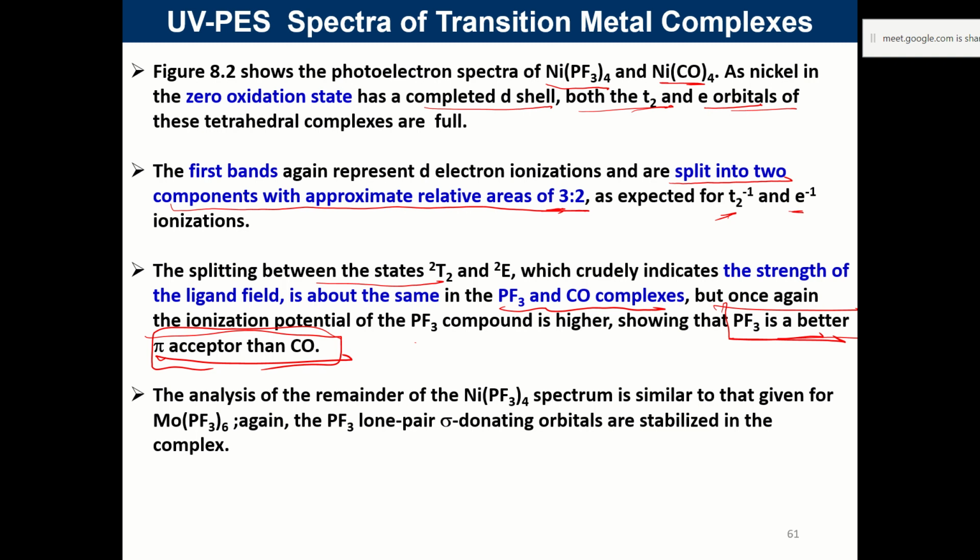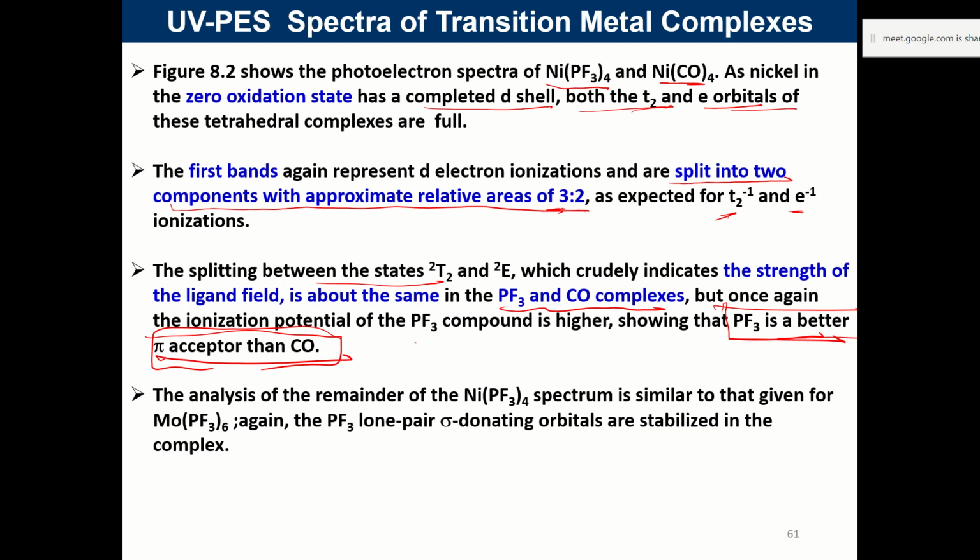ठीक है, मतलब जब वो PF3 के साथ बॉन्ड बना हुआ है, when coordinate covalent bond is formed, it becomes much more difficult to take out the electron from d orbitals. जब कार्बोनिल के साथ मेटल का बॉन्ड बना है, in that case it is much easier to take out the electron.